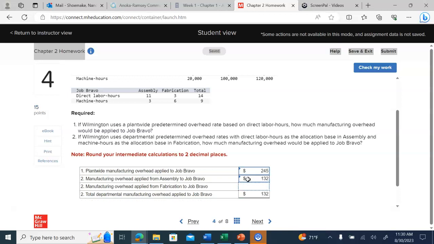And then from fabrication to Bravo, I'm going to let you guys take a minute and try to figure that one out. Absolutely.